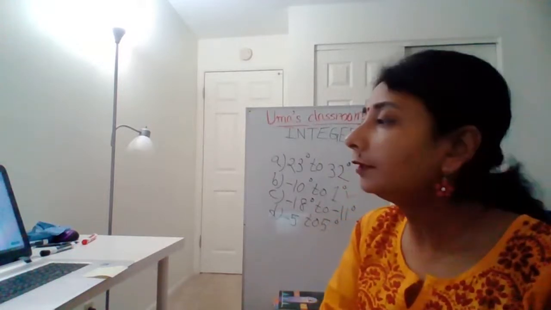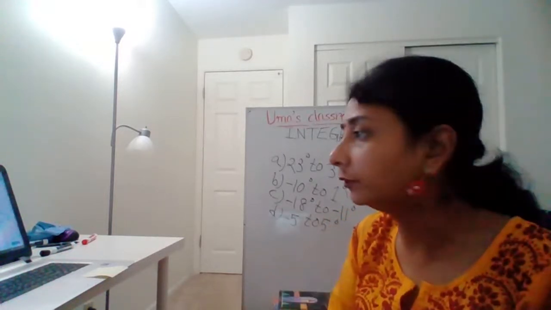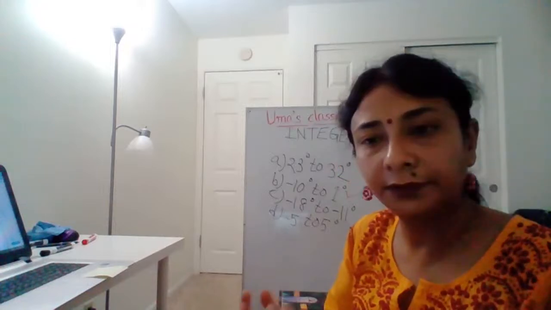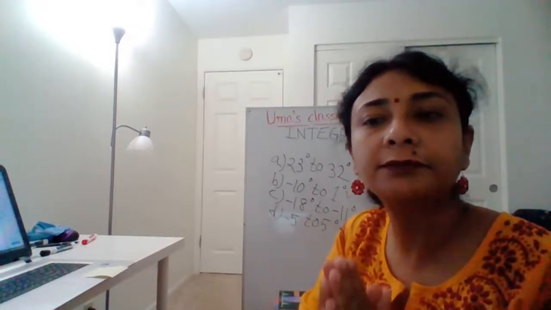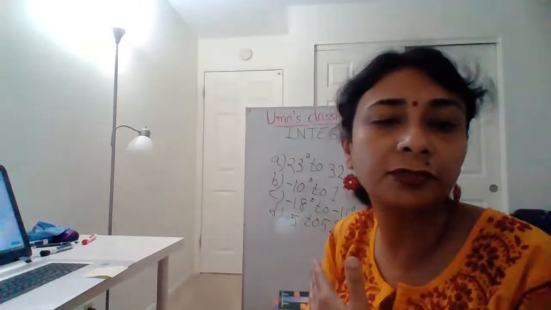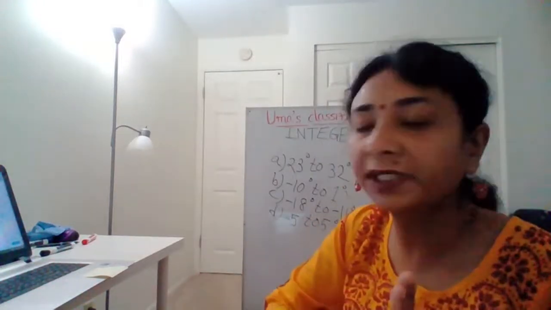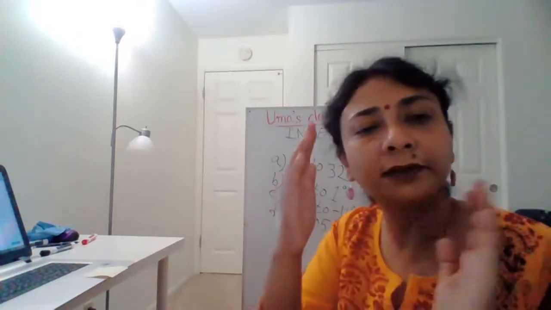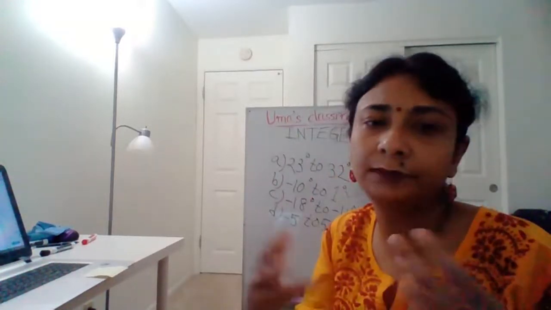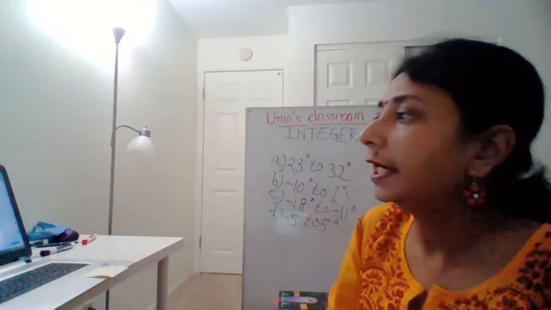So, you will be provided with some values, and continent-wise, you have to arrange those integer values from lowest to highest. First, you can make a list of it, or simply make a note.